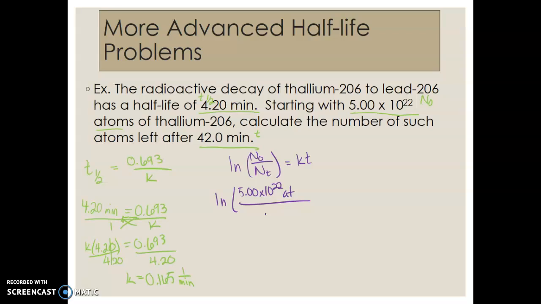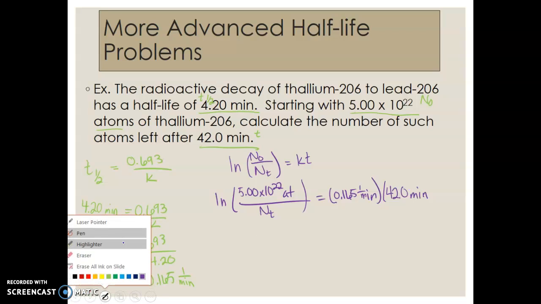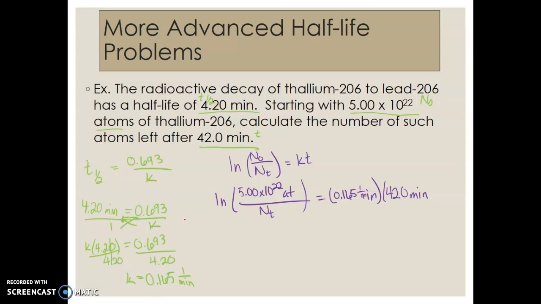We do not know what our final amount is. We found K to be 0.165 over minutes, and our total time is 42 minutes. So in order to solve this, to get rid of our natural log, we're going to need to use E to cancel out the natural log, take the E of both sides.